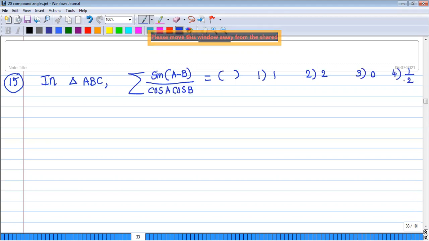Options are independent of A, B, C, so you can select a magic triangle.